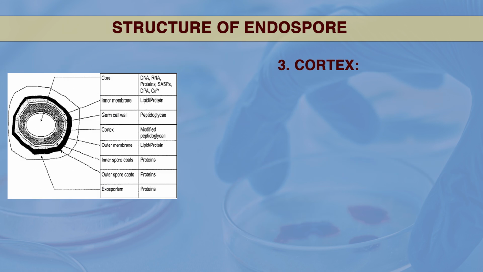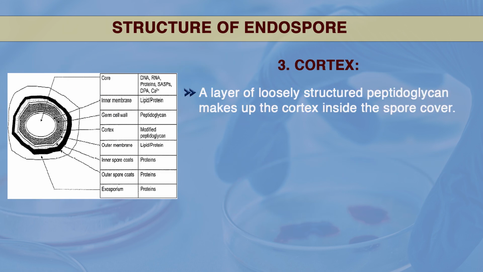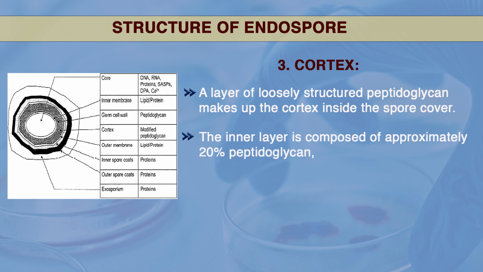Then the cortex. It is a layer of loosely structured peptidoglycan inside the spore coat. The inner layer is composed of approximately 20% peptidoglycan.